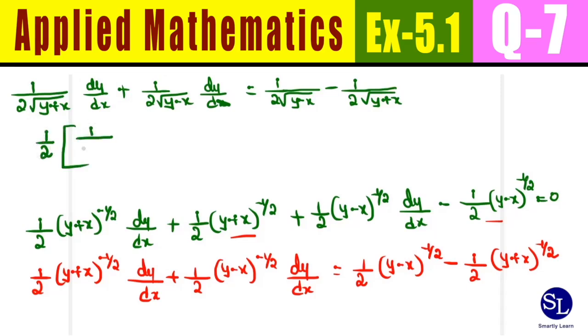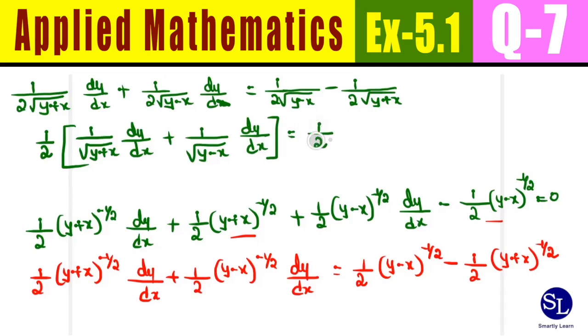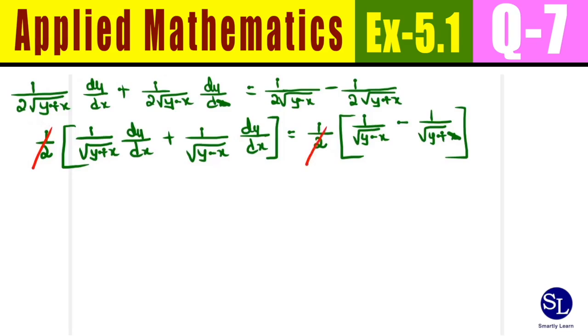So this becomes 1 by root of y plus x dy by dx plus 1 by root of y minus x dy by dx is equal to, I'm taking the half from that side, so this is 1 by root of y minus x minus 1 by root of y plus x. The next step what we are going to do is, in both sides we have taken the half as common, so I'm going to simply remove half outside. So this is gone and this is gone.